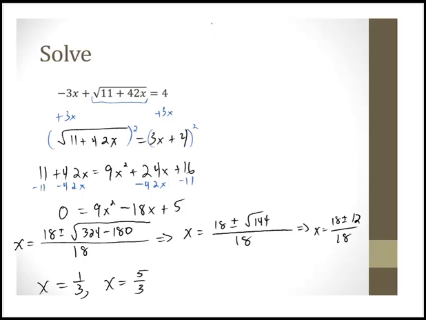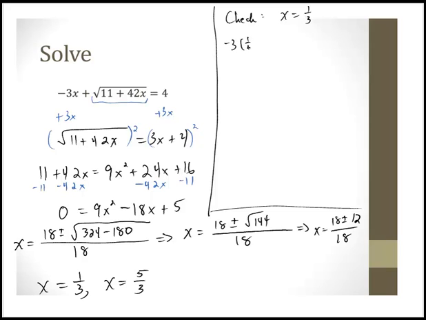Alright, so let's check these. If we check x is 1/3, negative 3 times 1/3 plus the square root of 11 plus 42 times negative 1/3. And is that equal to 4?